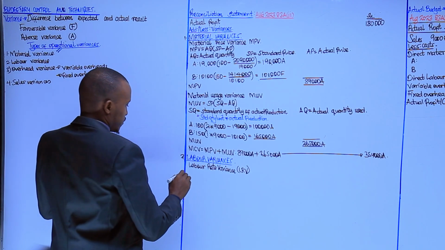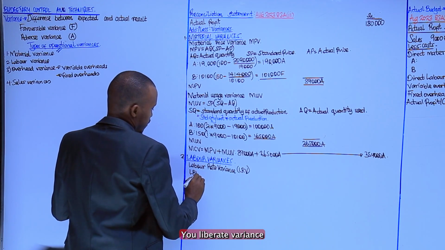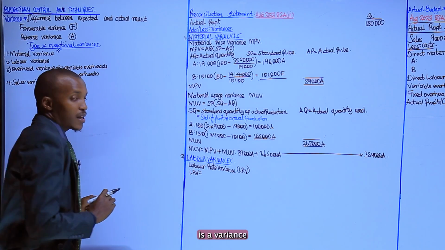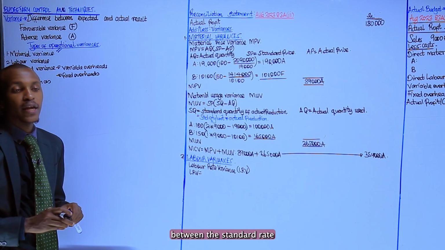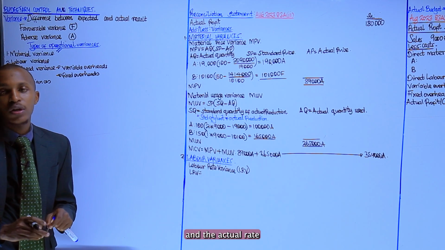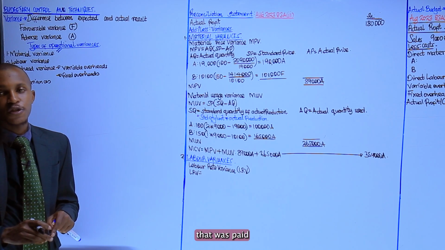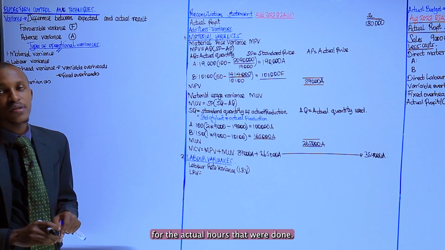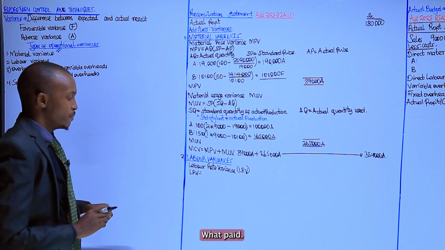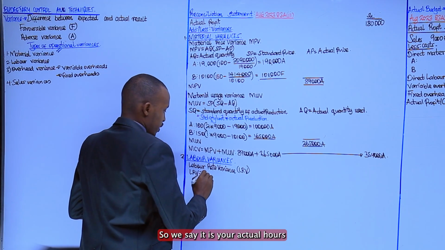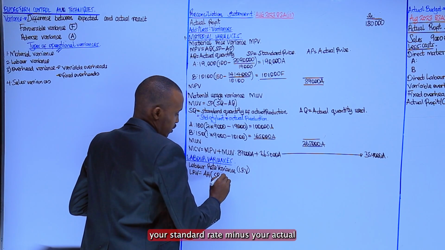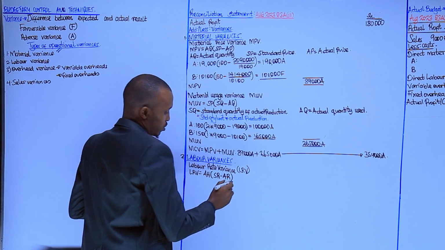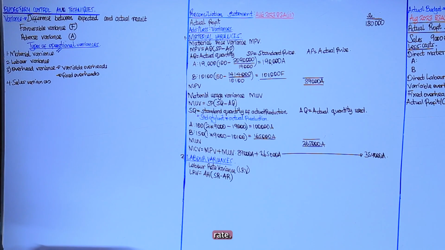Your labor rate variance is a variance that shows you the difference between the standard rate and the actual rate that was paid for the actual hours that were paid. So it is your actual hours paid for, your standard rate minus your actual rate.